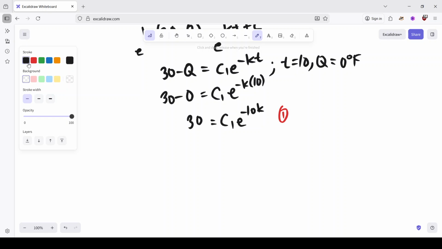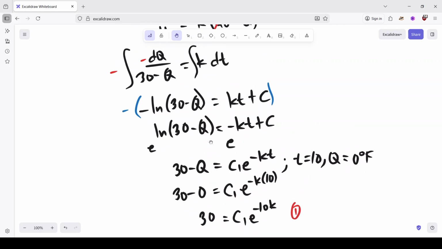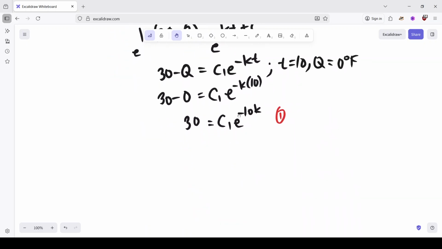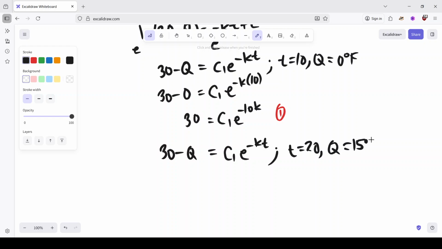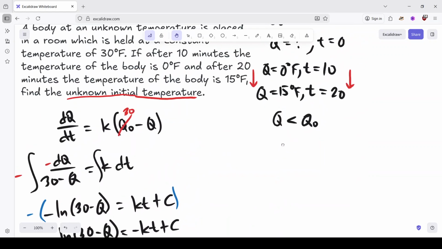Now we will use the second situation, using the same equation here. So we have 30 minus q is equals to c1 e raised to negative kt, and this time t is equals to 20, q is equals to 15 degrees Fahrenheit. Let's confirm if it is correct.